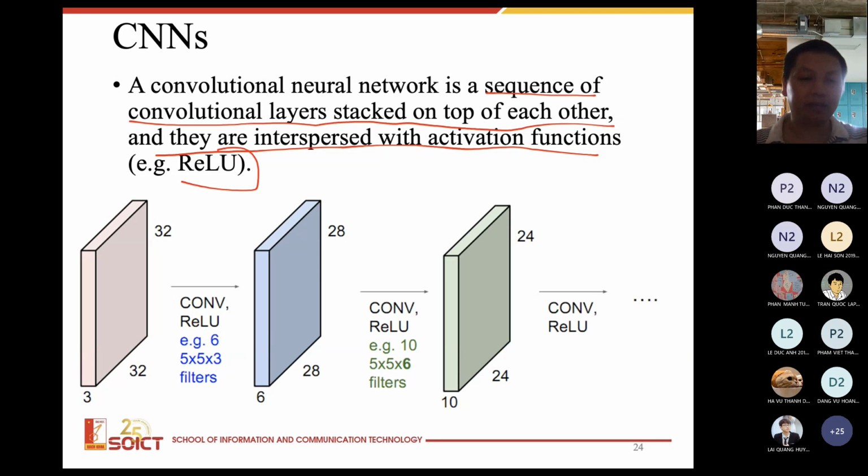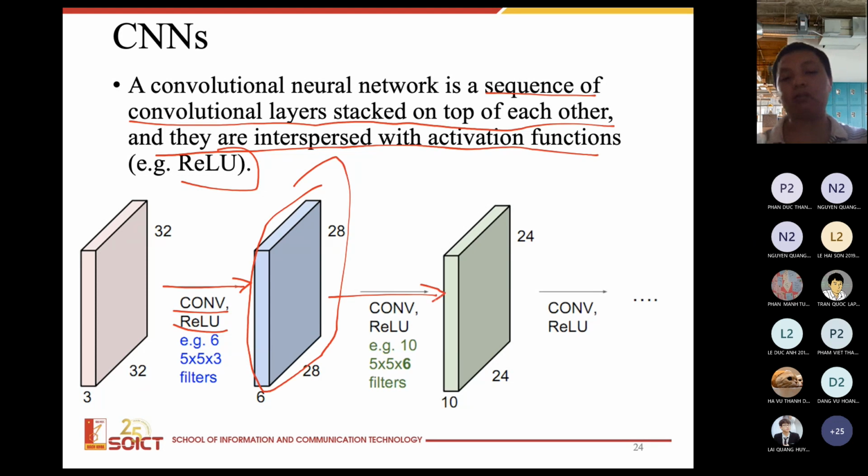You have the input image with the size 32 by 32 and 3 channels. First, you feed it to the convolution layer and then the activation, and this is the output activation map. Then you feed it to another convolution layer and ReLU, and you get another image. Of course you can stack many convolution layers and activation functions to make a deeper CNN.